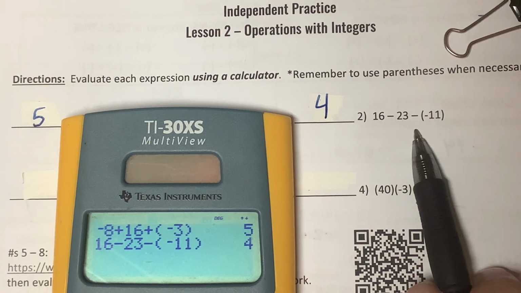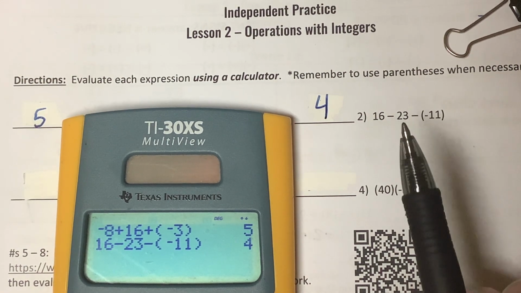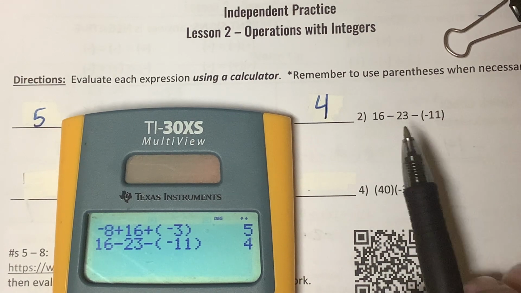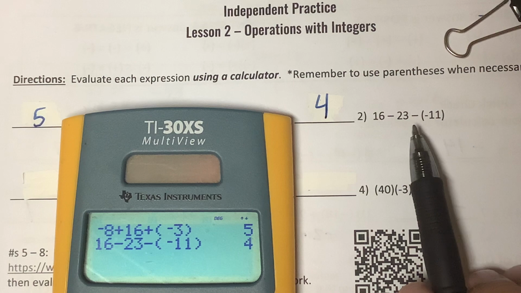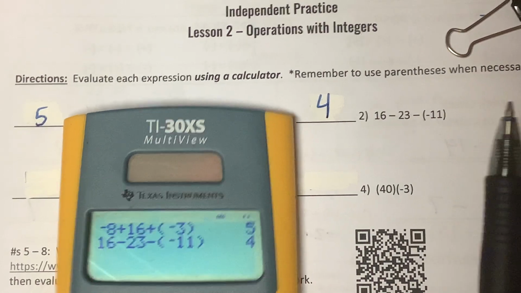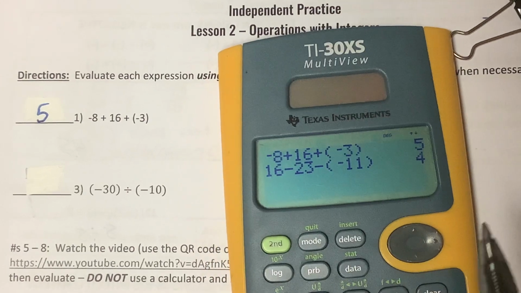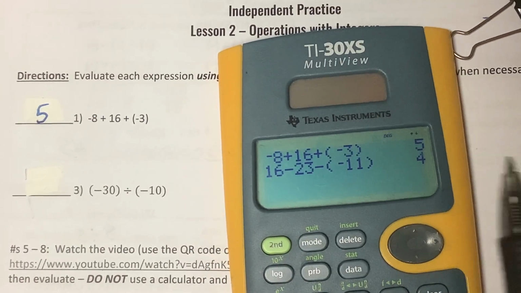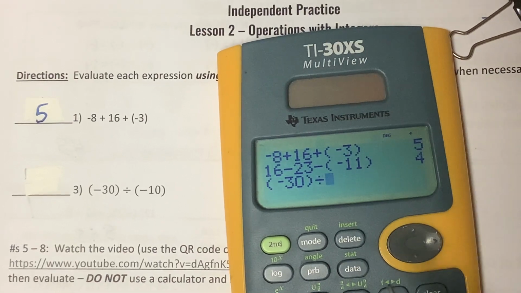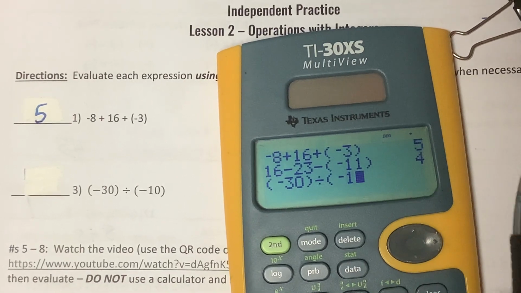That actually changes it to positive 11. Now you could do it without the calculator: 16 minus 23, and then keep the answer and change the minus to a plus and the negative 11 to a positive 11. But it told me to use a calculator, so I'm just going to follow directions. I hate when it's so easy I could do it in my head and then I still have to use a calculator.